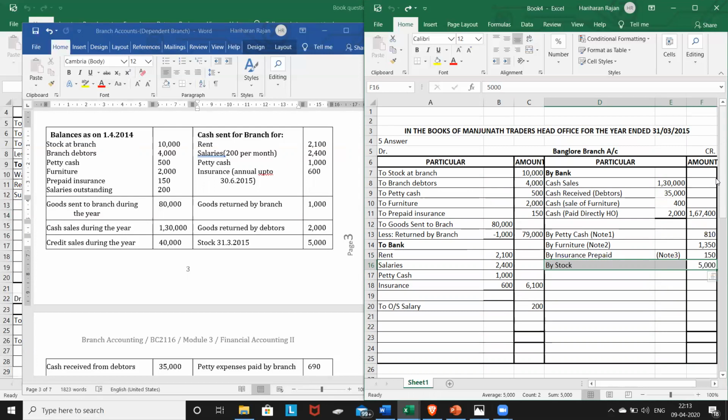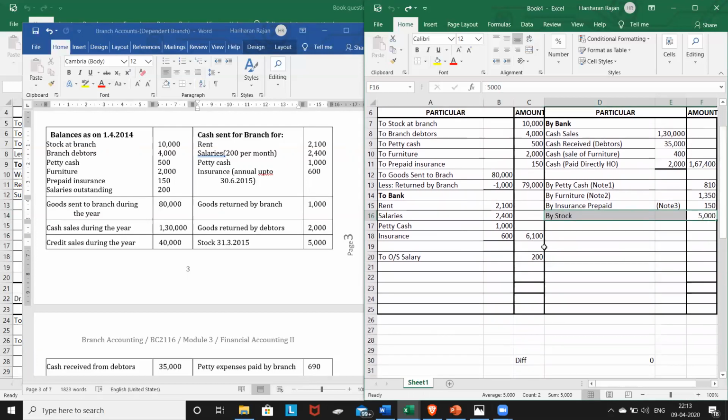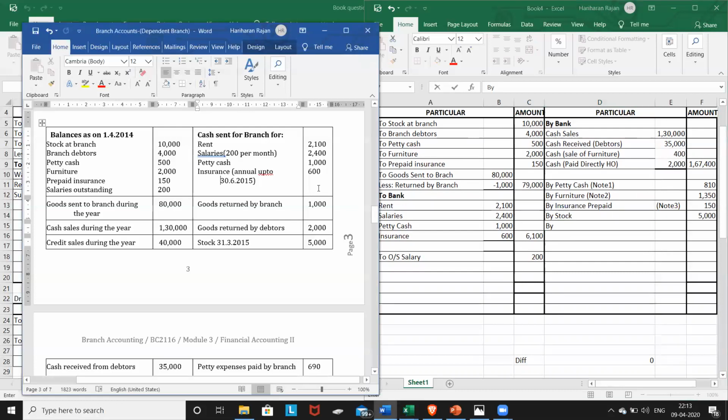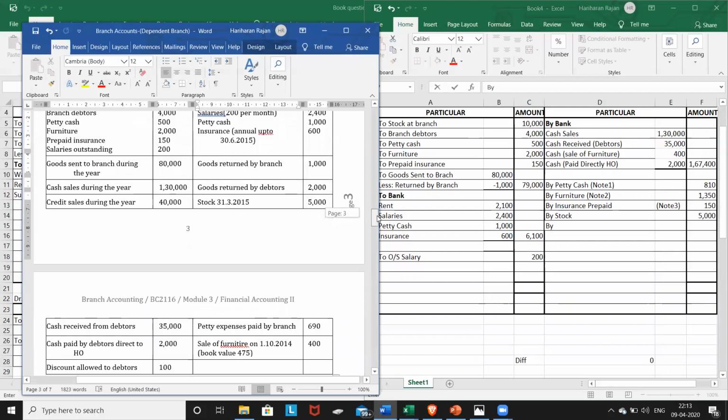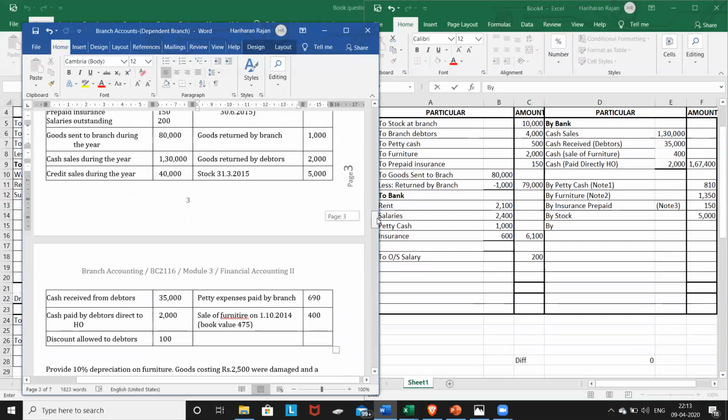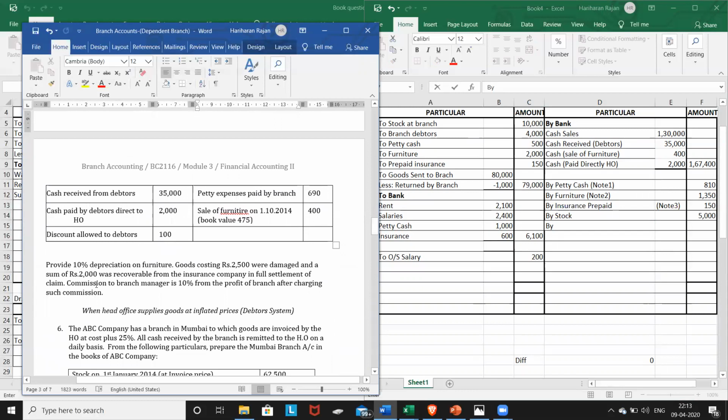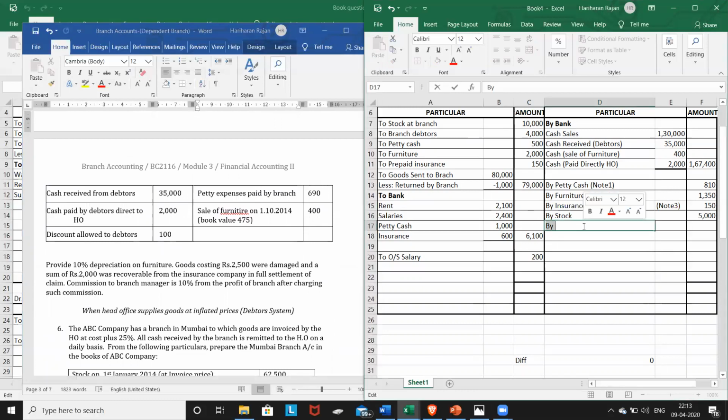Now we have to find out. There is a recovery of 2000 from insurance, which cannot be kept by the branch account.